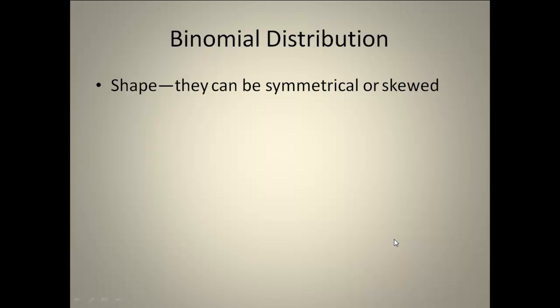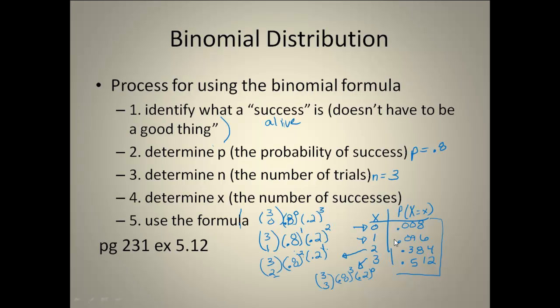If you think about what that means in terms of the last example we just did, our probability of success was 0.8. So logically, you're going to expect more people to be alive than dead, because you have a 0.8 chance of being alive compared to dead. If you look across the bottom, you have 0 people alive, 1, 2, and 3.